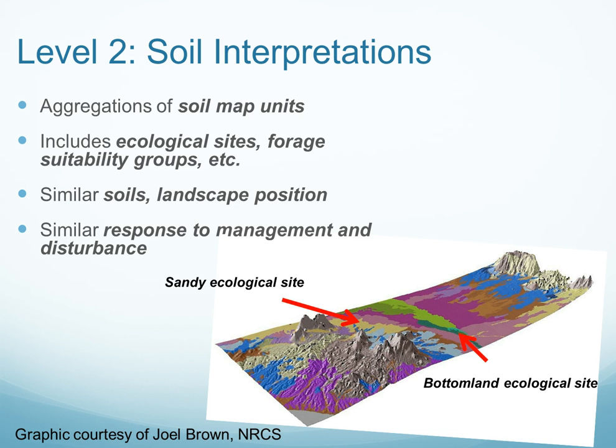Bottomland ecological sites also have deep to moderately deep soils. They tend to be clays, clay loams, and loams, and it's located in floodplains, on stream terraces, or on swales. So the soils and the landscape positions are very important in determining ecological site.